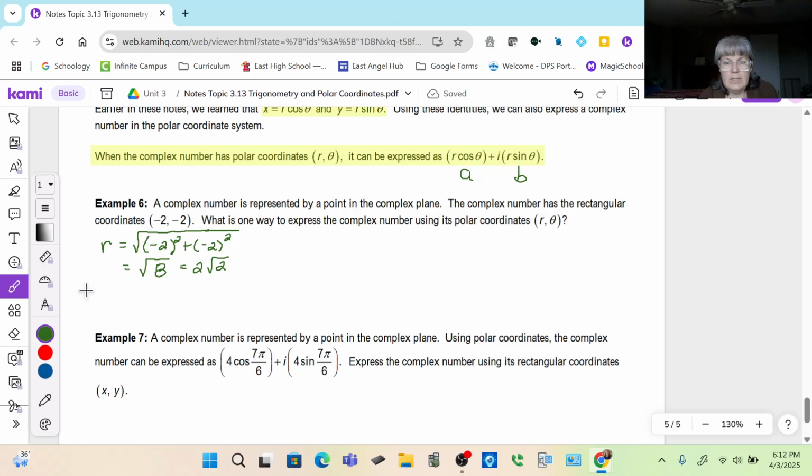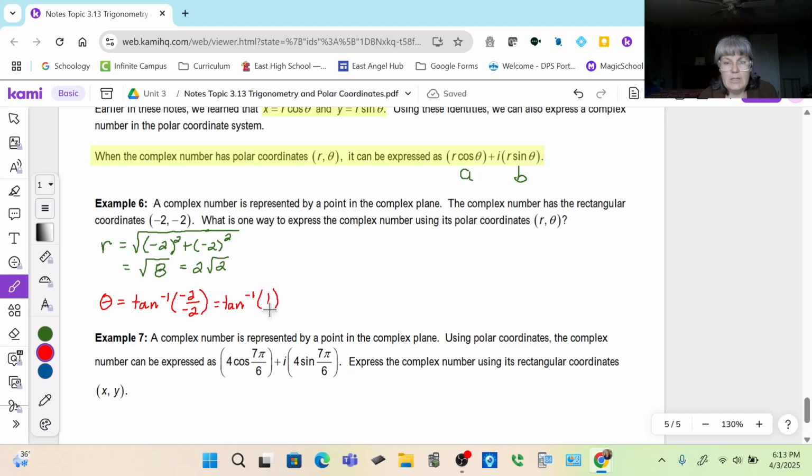And then for theta, that's going to be tangent of theta is y over x. So I'm using the arctangent, the inverse of -2 over -2, which is going to be the arctan of 1.